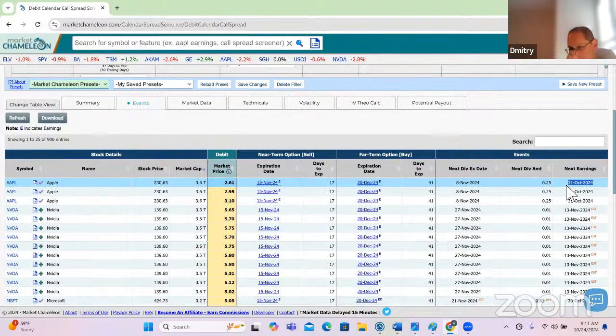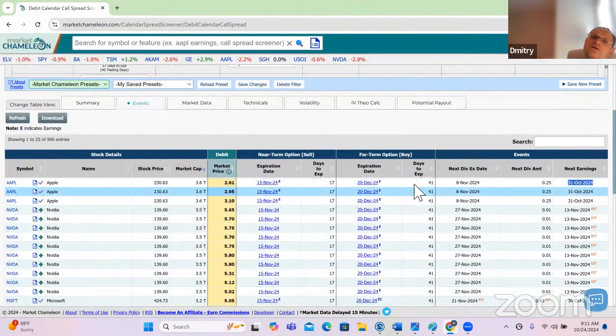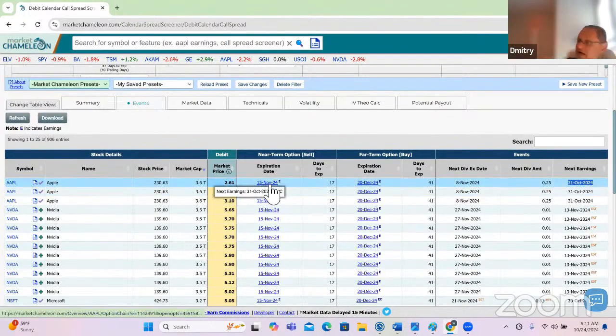So knowing the next earnings date is important because you could have both options that cover the earnings. So you have to take that into consideration, the potential volatility. You could have one option that covers earnings, one that doesn't. Like the near term option may not cover the earnings.